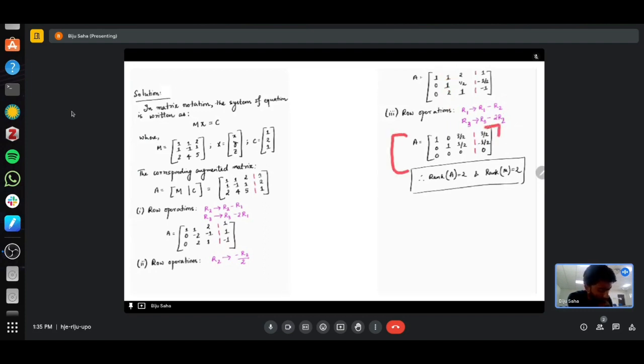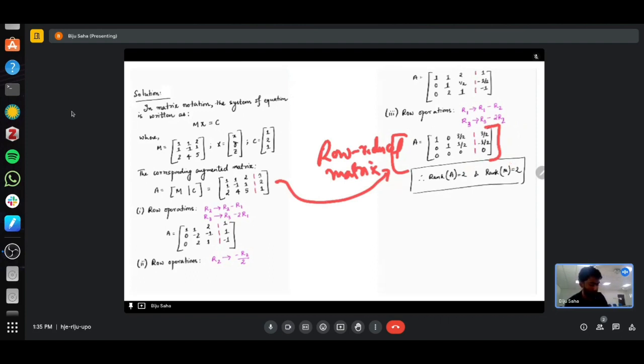This is the row reduced form of the augmented matrix. We started with this and we reduced it to a row reduced form. Right now what we see is that the rank of the augmented matrix is 2, because the third row contains no non-zero element.